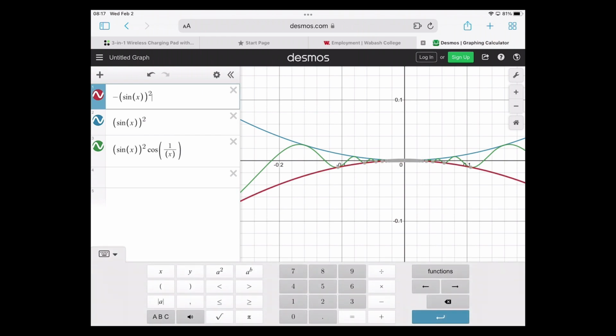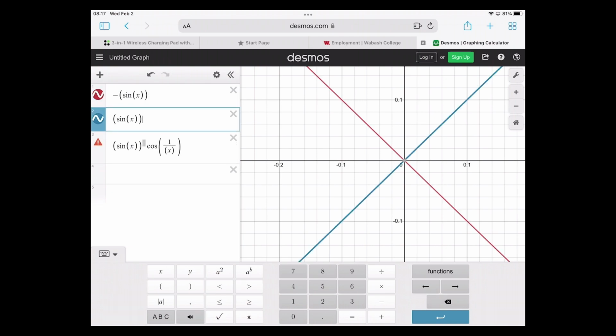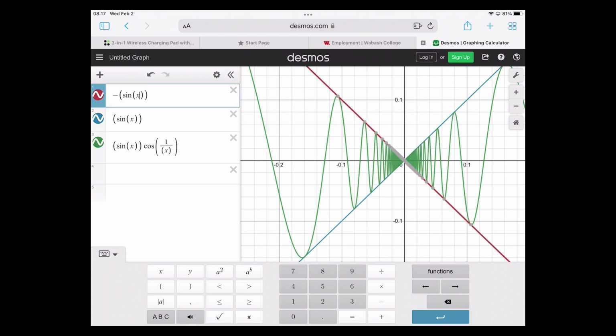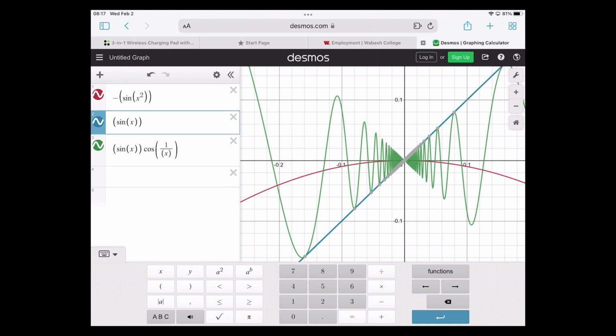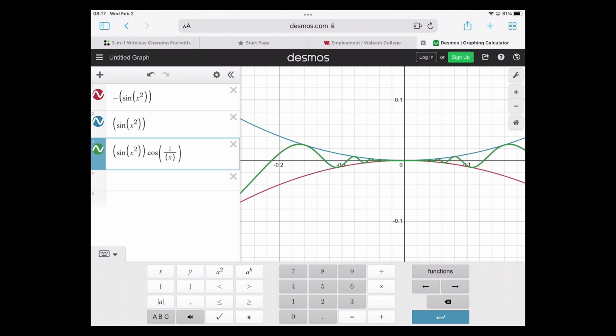Okay, so let me change this and suppose that instead of the x squared being outside, it was inside. And let me fix these because it's complaining. Okay, so I'm going to put the square here and here and there instead.